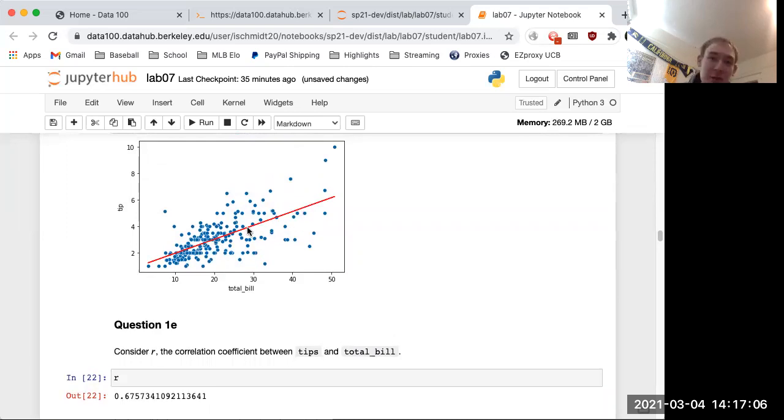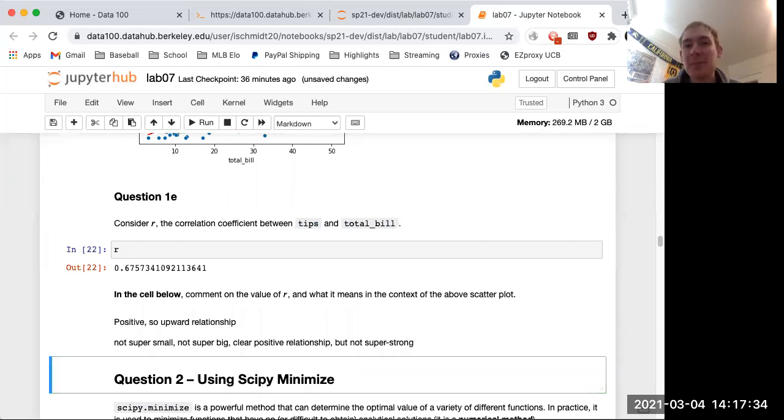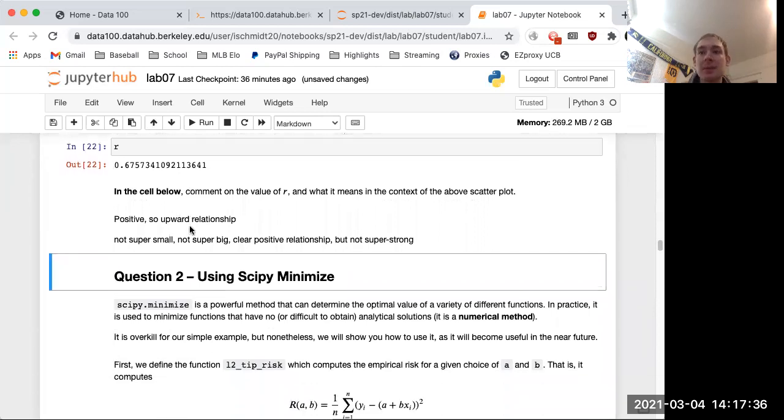But the points are not super compact close to this line. It's not a super strong relationship. So that's what I would say. I would make some comment about the magnitude: not super small, not super big, clear positive relationship, but not super strong. That's a bit hand wavy, but some comment interpreting the magnitude of this R value is what is required here.